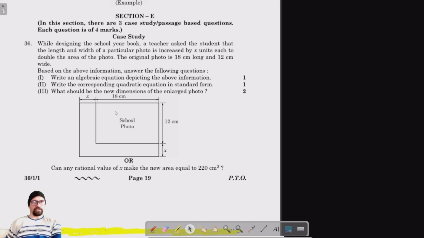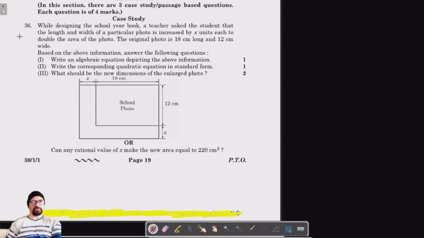For section E, this is where we have three case study based questions, and each question is of 4 marks. This is the first case study, question number 36. It says that while designing the school yearbook, a teacher asked the student that the length and width of a particular photo is increased by x on each side.